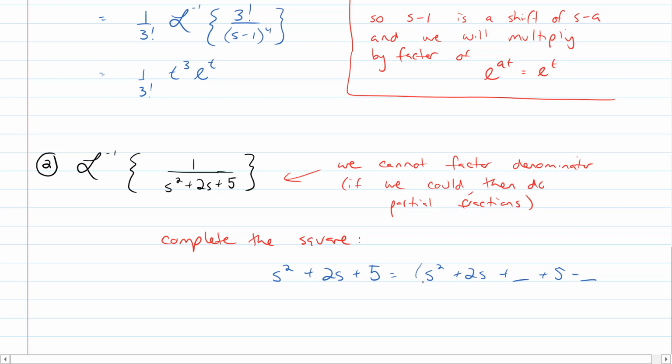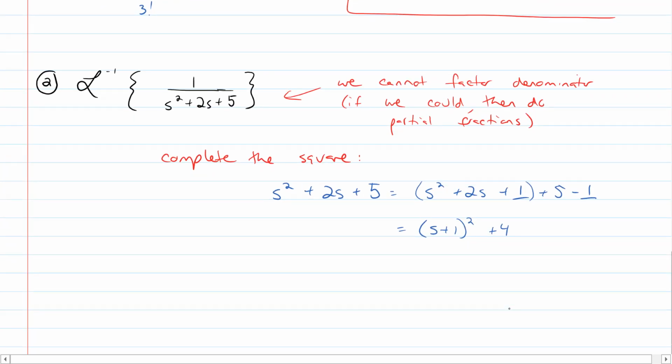And we want the thing in brackets here to be a perfect square. So we're going to add 1 to it, and then we're going to subtract 1 on the outside to preserve our equality, and then the thing inside the brackets is just (s plus 1) all squared plus 4. Let's just draw a little box around here so we don't get confused.